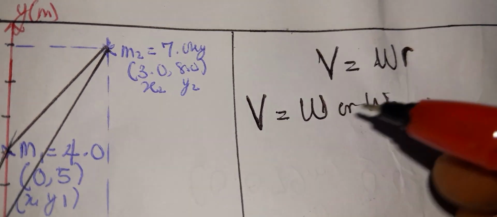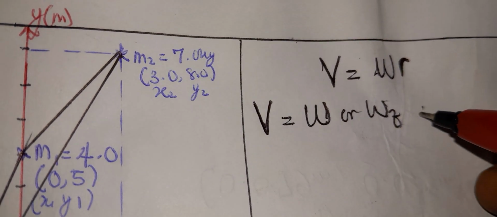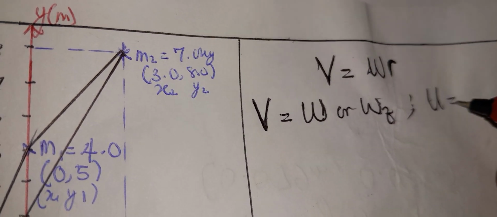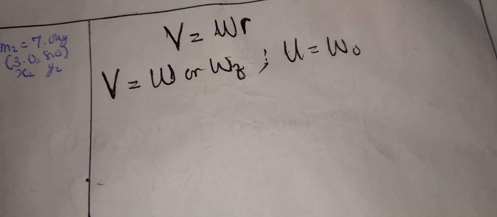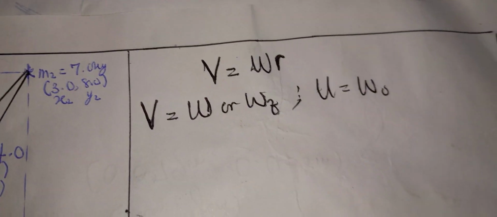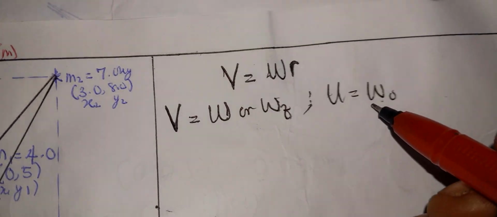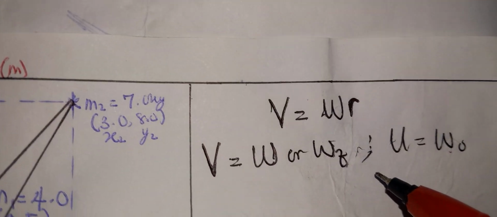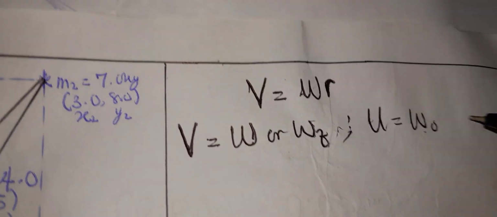Since we'll be using v and u, I'll put omega for v and omega naught for u. Assuming we're using vf and vi, then we'll be using omega f and omega i.